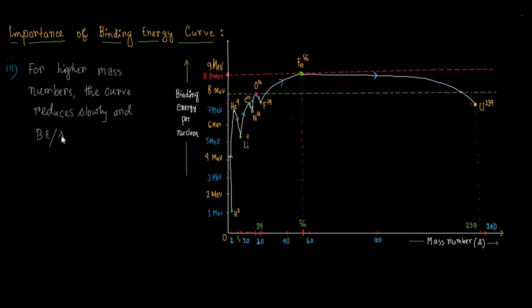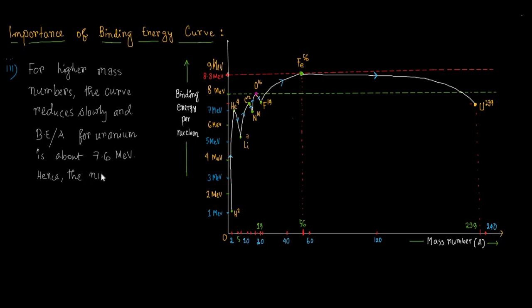And the binding energy per nucleon, or binding energy per mass number, for uranium 239 is about 7.6 mega electron volt.